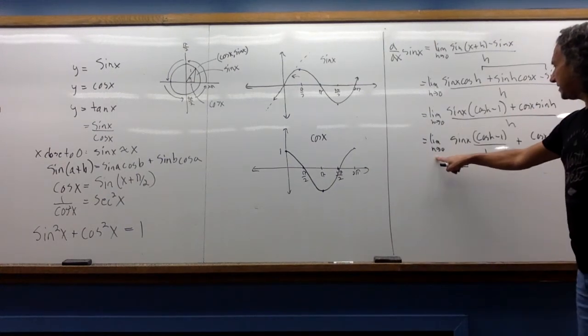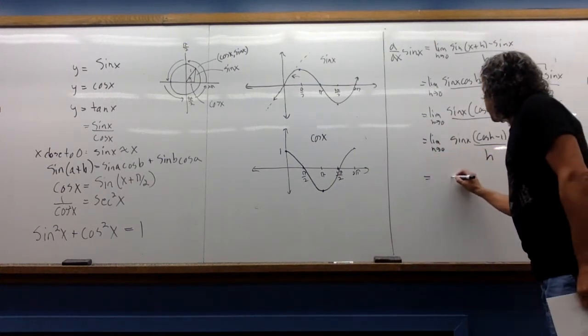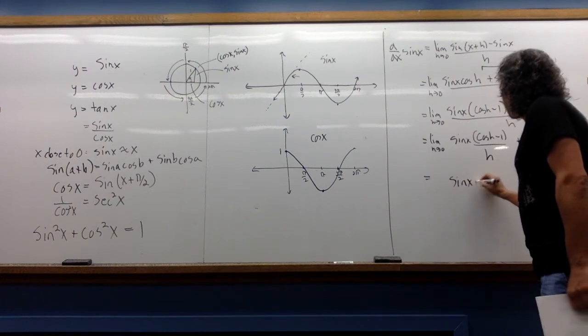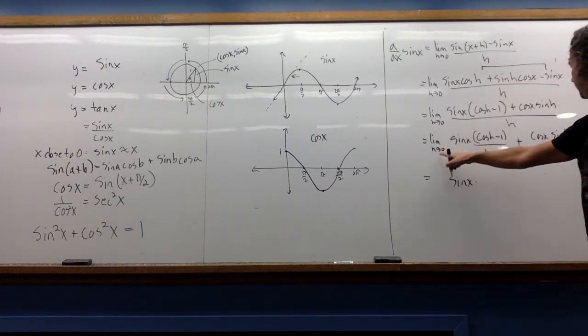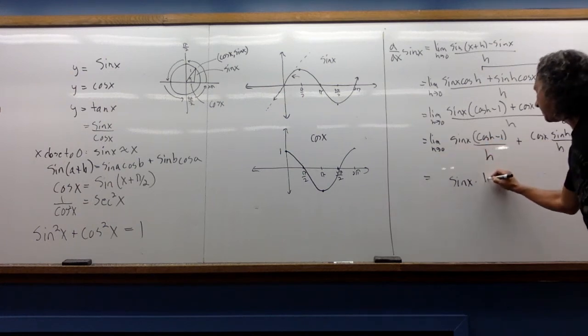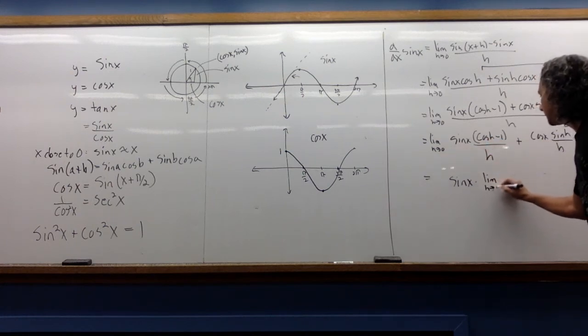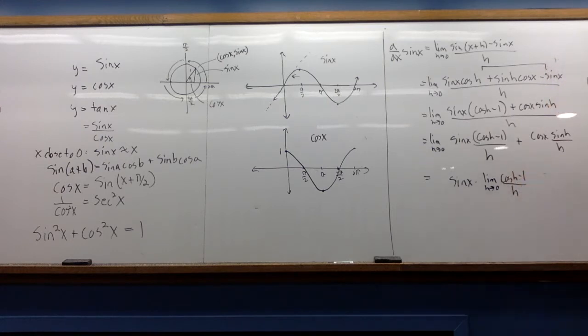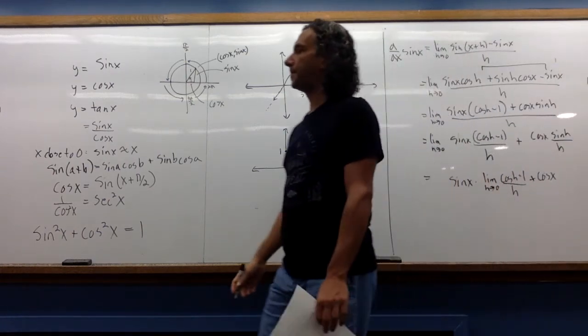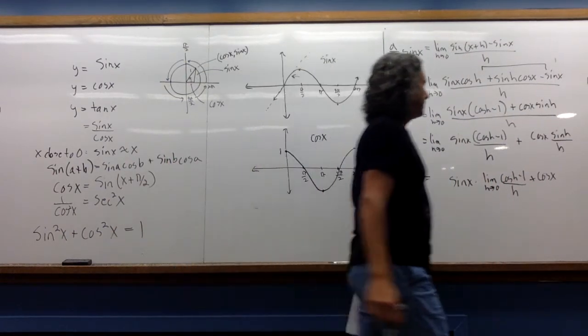Well, as h goes to 0, sine of x could care less, so that's just sine of x times this limit. Let me hold off on that, let me just write it like this. As h goes to 0, cosine could care less. And let's look at this guy.